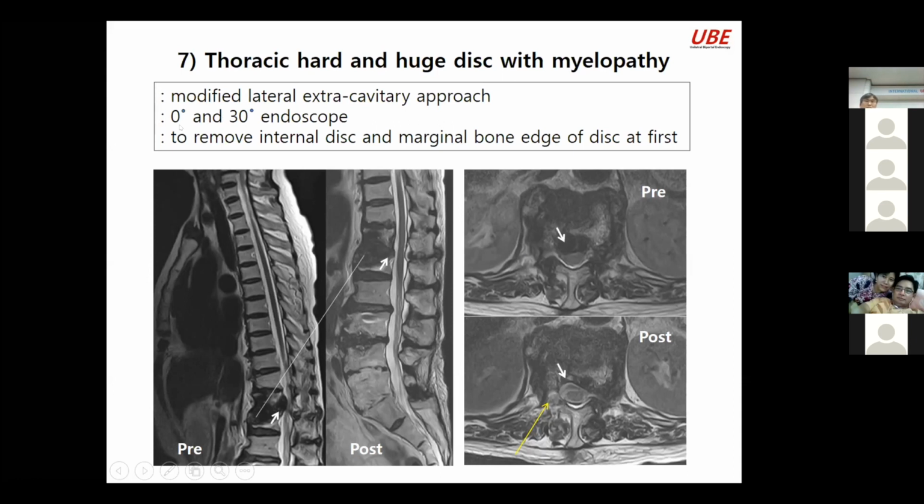At that time, I use 0 and 30 degree. Especially in cauda equina syndrome and at the conus level, we know first internal decompression, first decompression, second removal of the disc. This is an important concept.